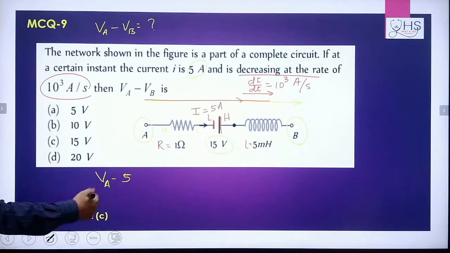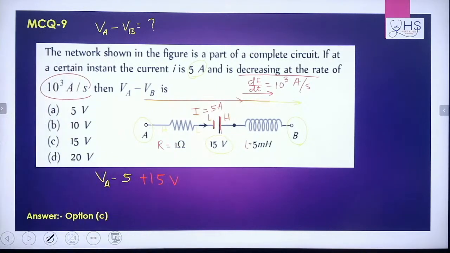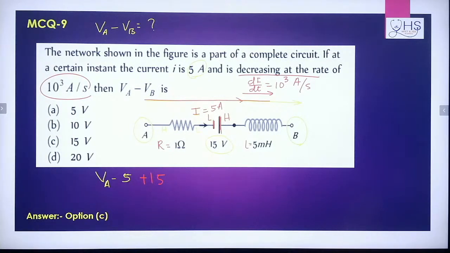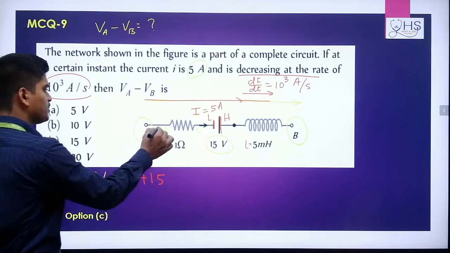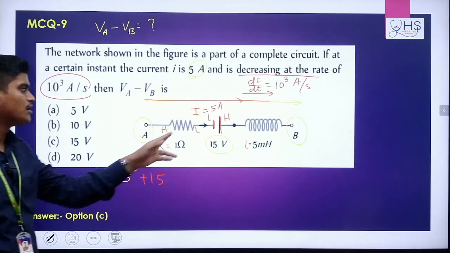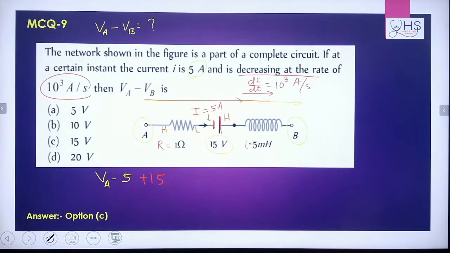So there will be an increase in potential. So that's why you write plus 15 volt. Okay, the unit you don't need to write, just plus 15. So when you are going from higher potential to lower potential, that time there is a decrease in potential, so you write minus 5. And when you are going from lower to higher potential, that time there is an increase in potential. So that's why it is plus 15.